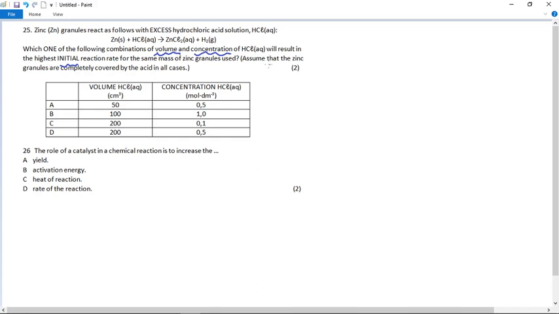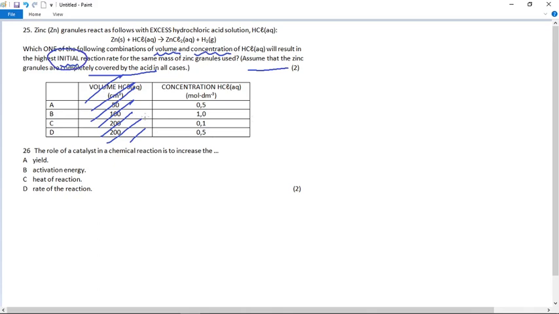Okay, if it says to you the zinc is completely covered by the acid, we actually don't care two hoots about the volume. The volume is completely immaterial. The only thing that is material is the concentration, because it said to you the initial reaction rate.